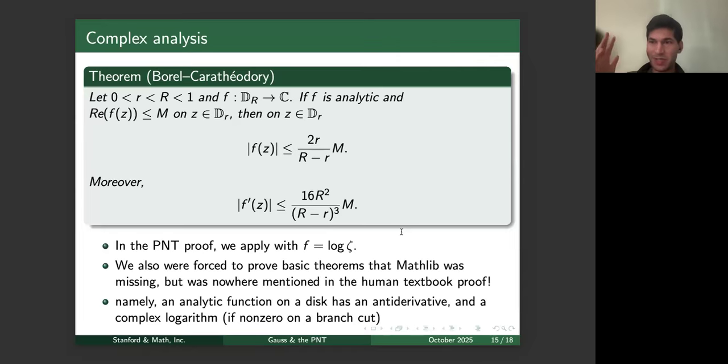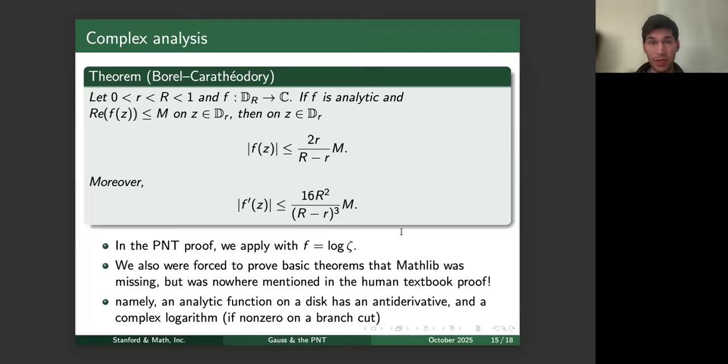Your eyes would glaze over, and I didn't actually know too much about the details of these results, and I would just cite them as a black box. But in the course of this proof, I was forced to really learn the details. So in this way, this act of formalization was also a pedagogically interesting activity.